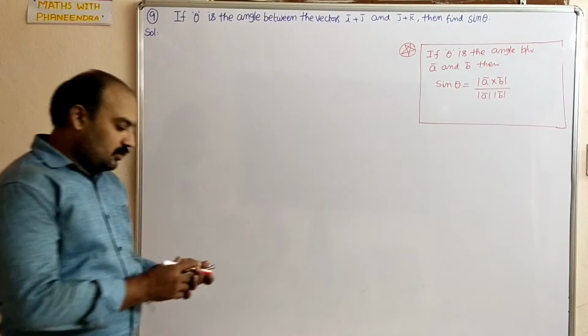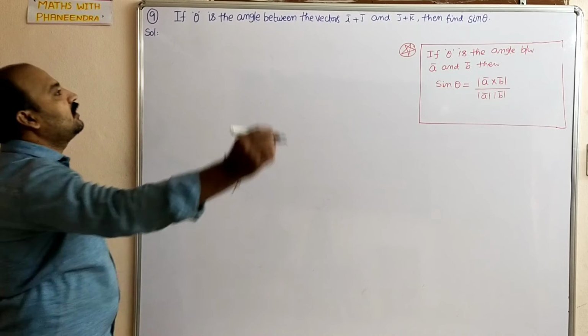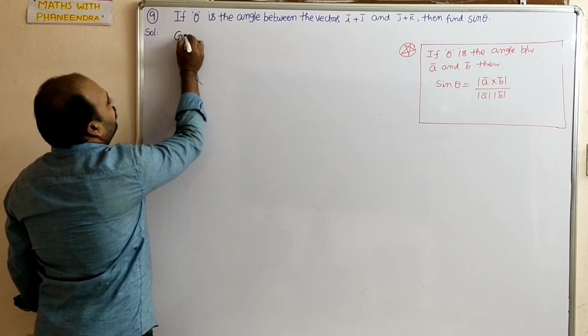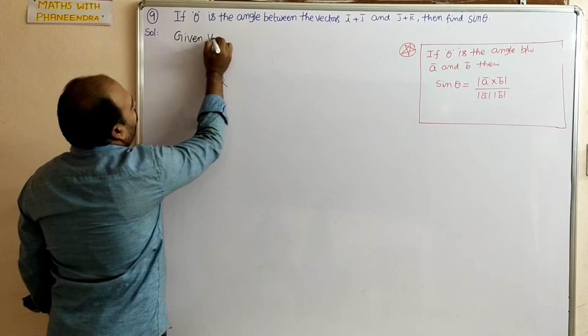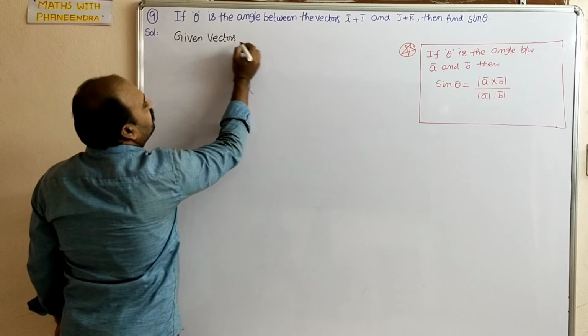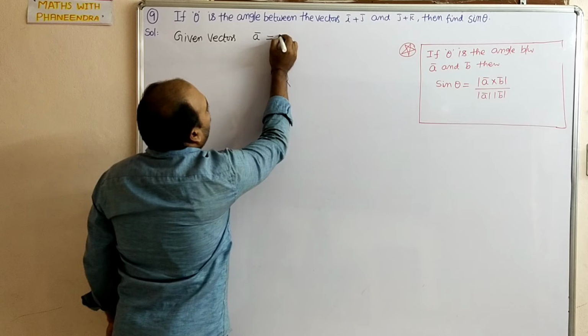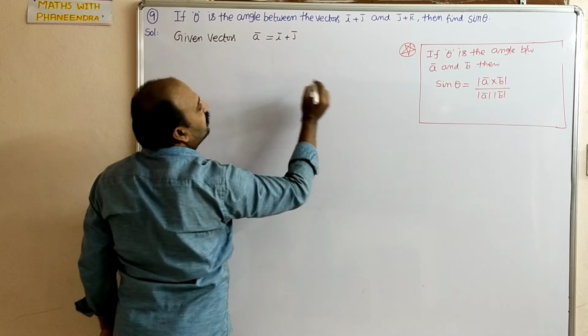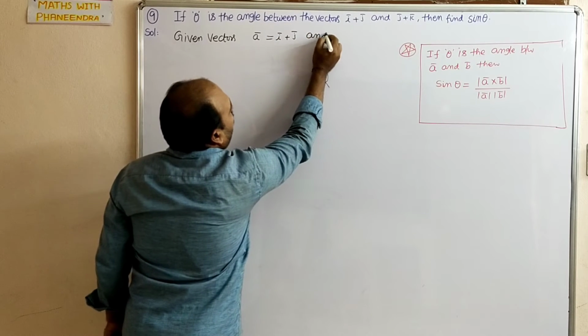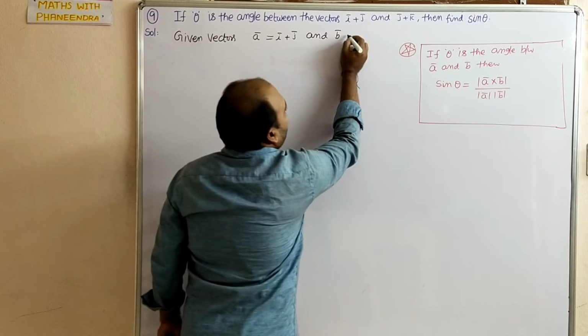So first, from the question, the given vectors we have to write. Given vectors, I am assuming that A bar equal to I bar plus J bar, and another vector B bar equal to J bar plus K bar.